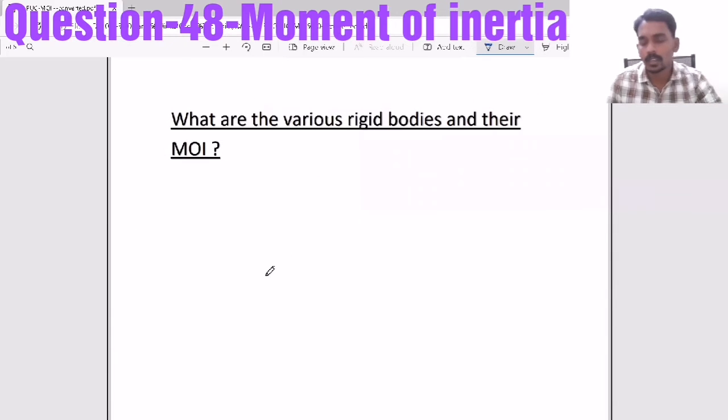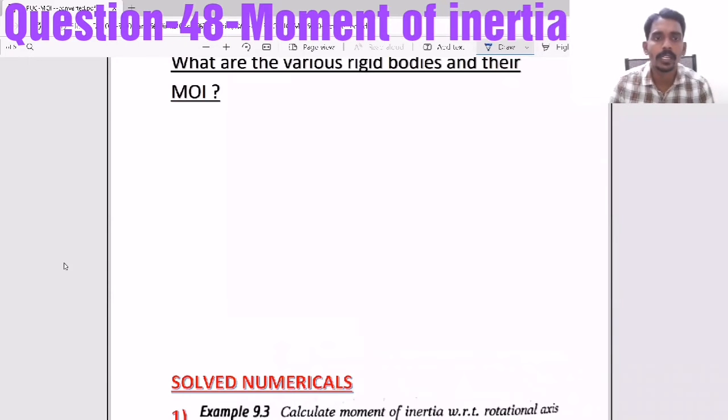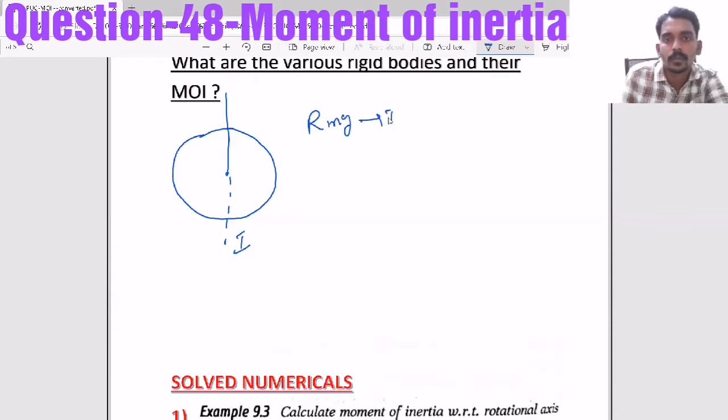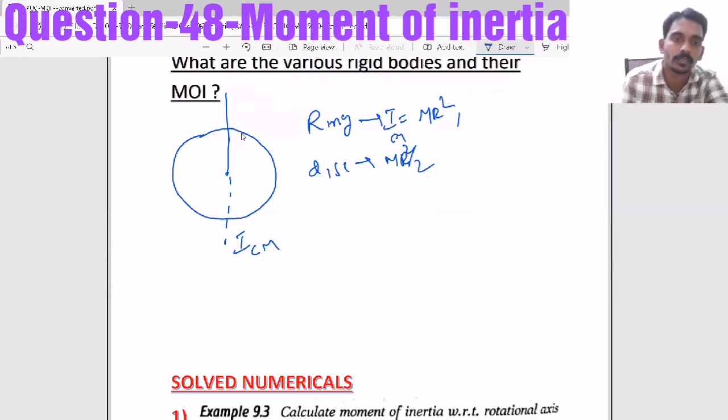Now, to apply the parallel axis theorem or perpendicular axis theorem, we must remember the moment of inertia of a few bodies. When you consider a circular ring or disc, for a ring the moment of inertia is mr square, and for a disc the moment of inertia will become mr square by 2.